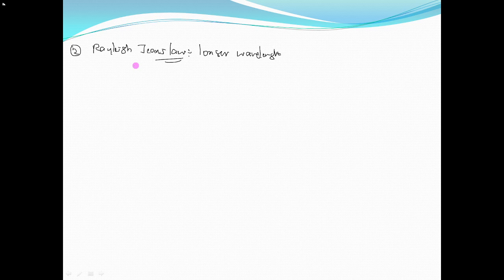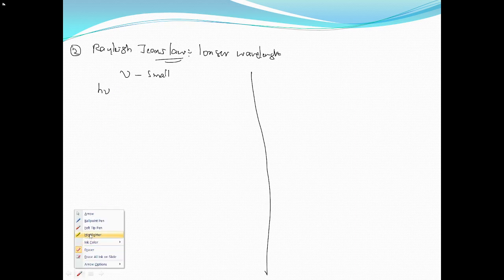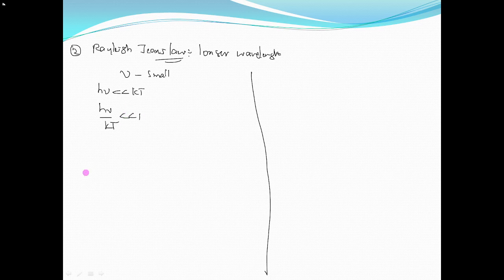Now if wavelength is more, if lambda is more, what about frequency? Frequency is small. If frequency is small, this h nu will be less than kT. So h nu by kT will be less than 1.